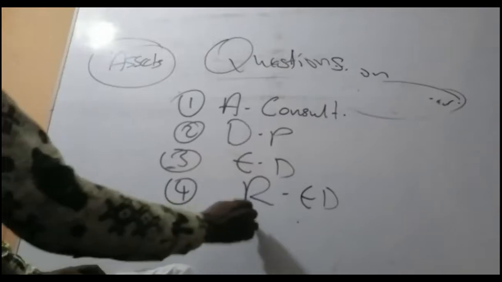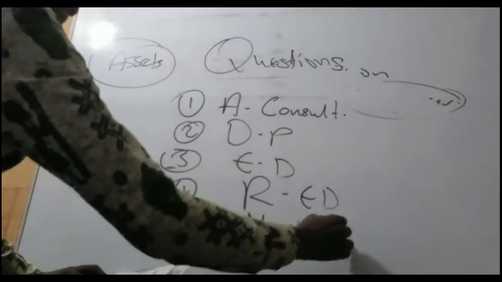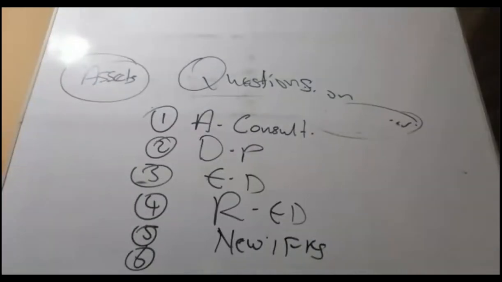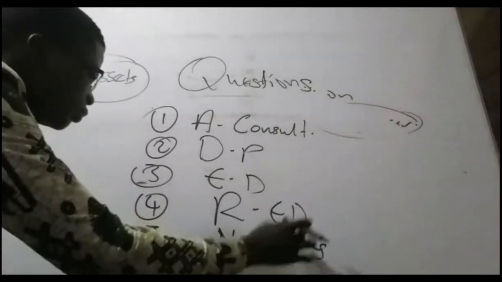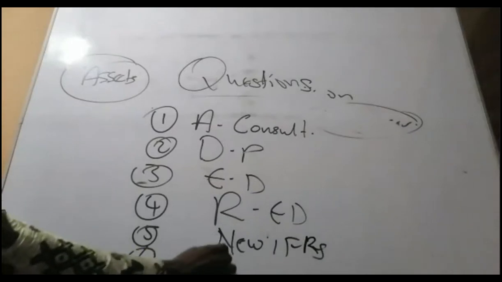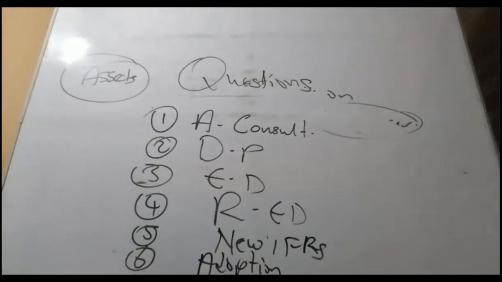Then the new IFRS is issued. Then adoption of the new IFRS. After issue, there must be adoption. Then 7, post-implementation review.